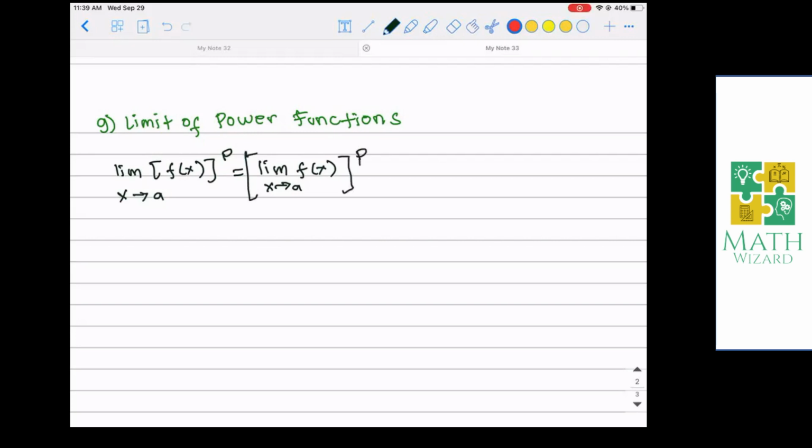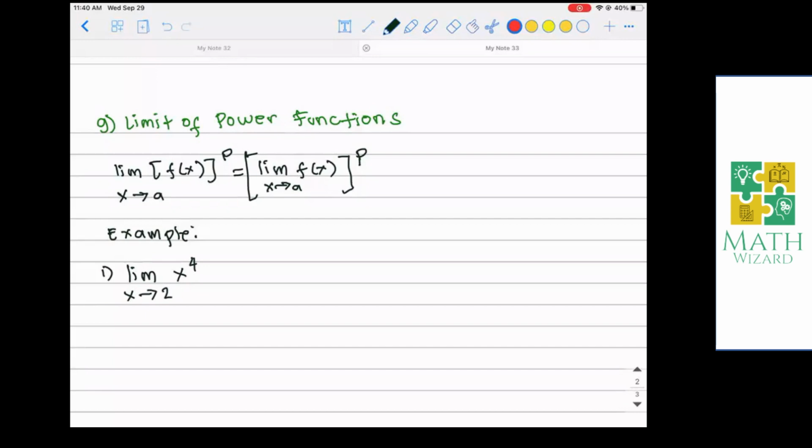Example. Yan. The limit of x raised to 4 as x approaches to 2.